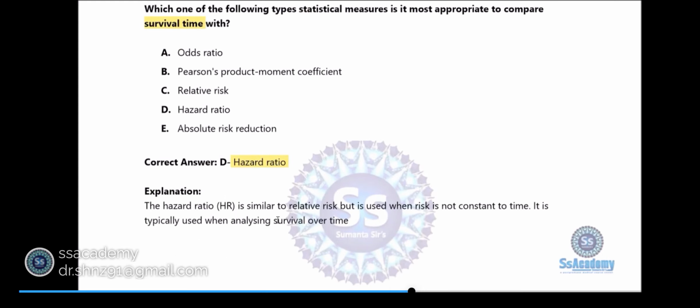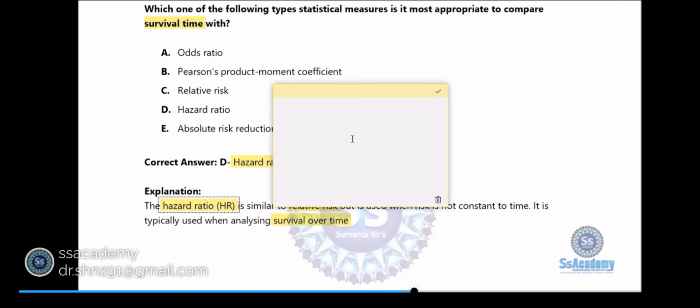The hazard ratio is similar to relative risk, but it is used when the risk is not constant over time. It is typically used when analyzing survival over time. So just make a box for the hazard ratio.